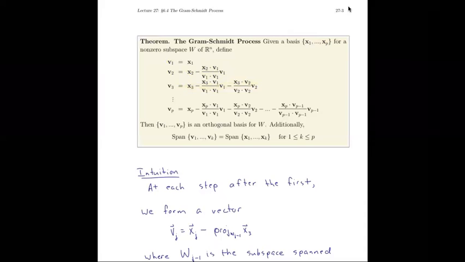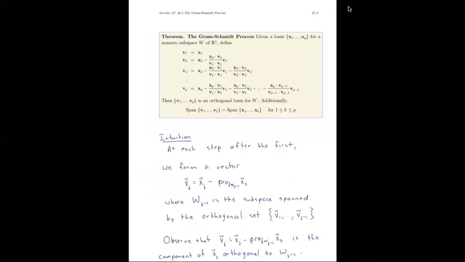But we know, thanks to that argument and extending the one I've made here, that each basis vector that we add, v1 through v3, spans the same space as x1 through x3, or as we see down below, the span of v1 through vk equals the span of x1 through xk for any step up to p, right? For any of our vectors 1 through p. So that's a nice piece of information to have, as well as this process for generating this orthogonal basis.